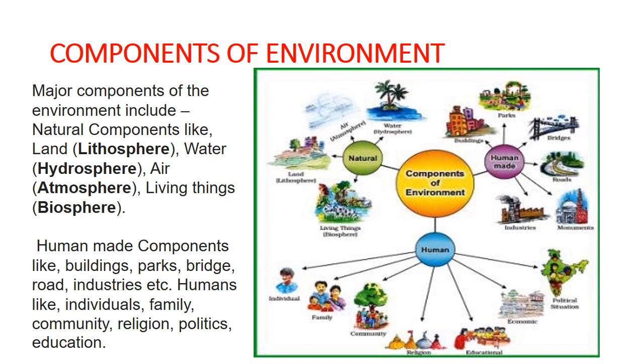Here we will discuss the components of environment. Our environment is made up of different components. These components can be classified into two broad categories, that is natural environment and human-made environment. Here in this flowchart, on the left hand side, the natural environment is composed of water, air, land and living things.